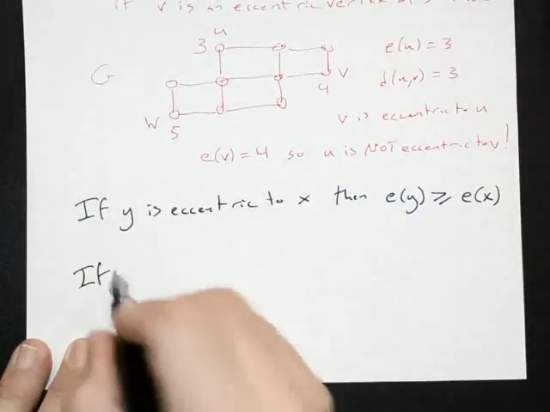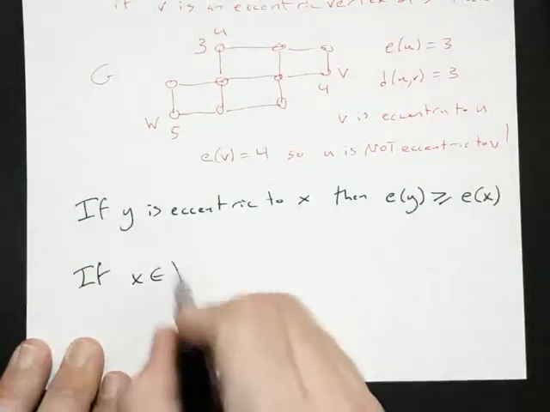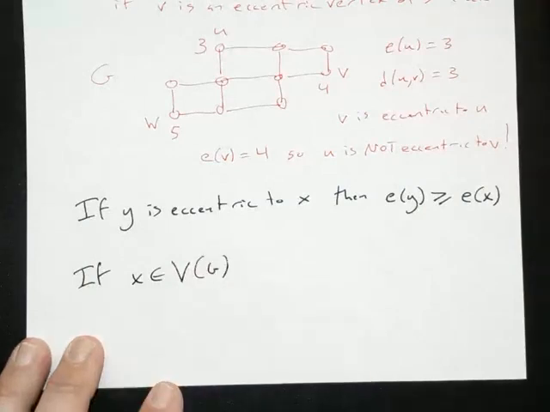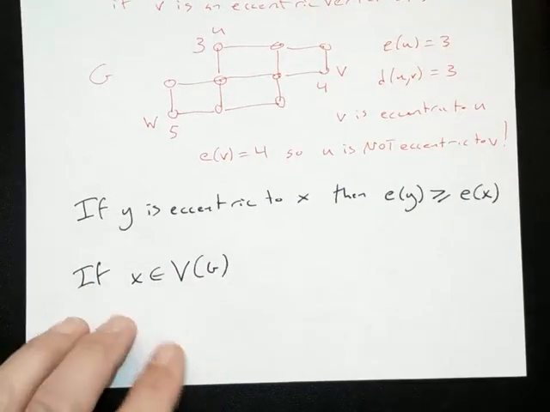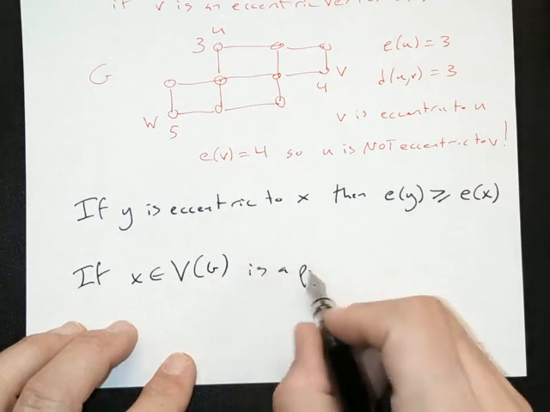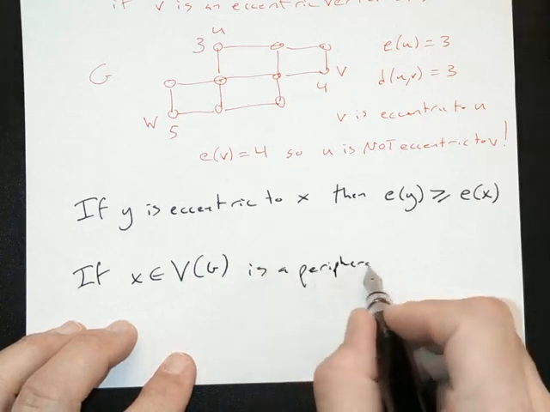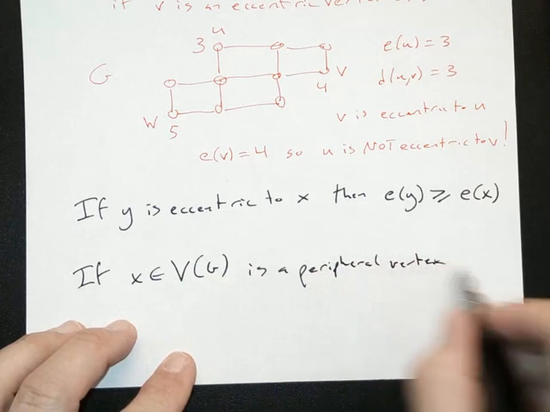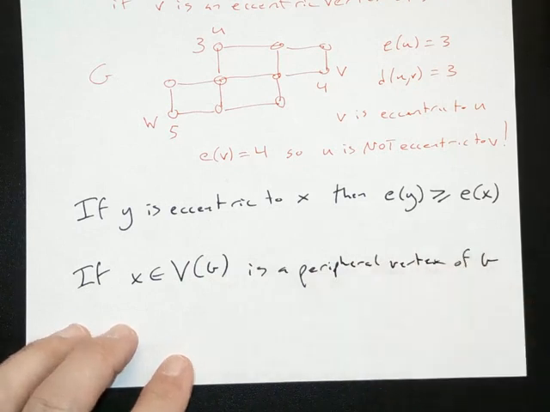If I have a vertex and it's peripheral, what do I know about the eccentricity of this one?